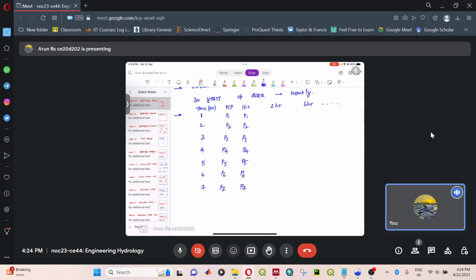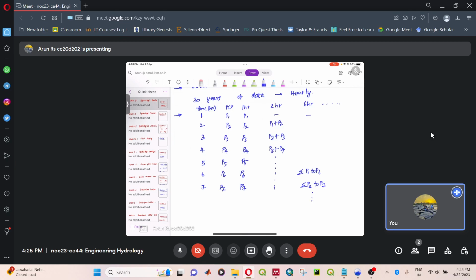But when you come to 2 hours, this will be P1 plus P2, this will be P2 plus P3, P3 plus P4, and so on, it will continue. And 6 hours will be the summation of P1 to P6, summation of P2 to P7, and this also will continue.